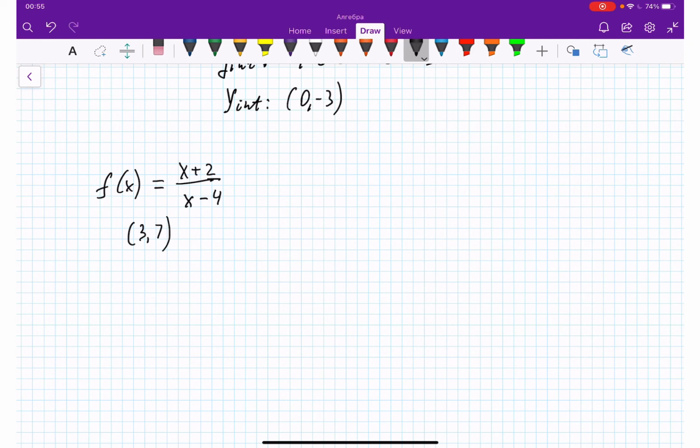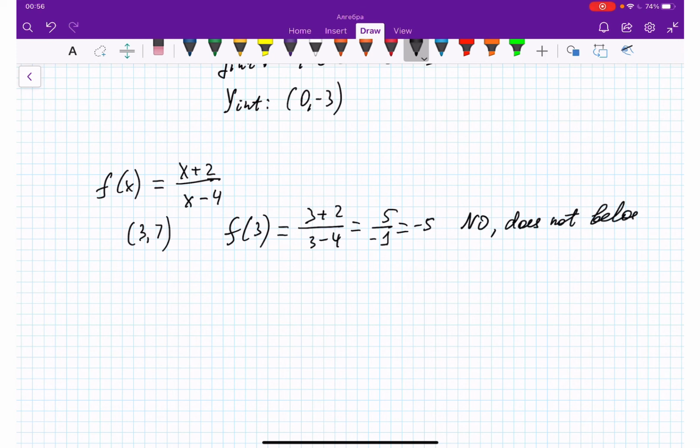Okay, so let's plug in. 3 plus 2, 3 minus 4. So here we are getting 5, and here we are getting negative 1, which is negative 5. The answer is no. It does not belong to the function.